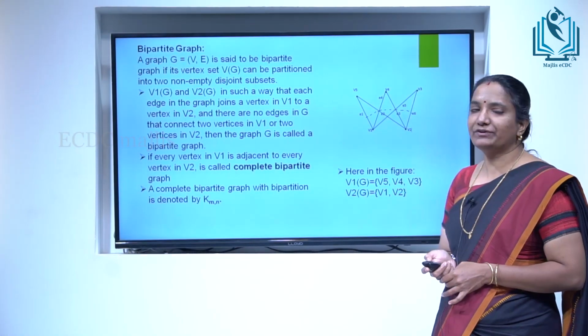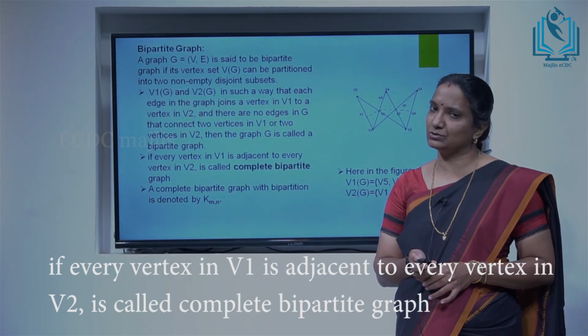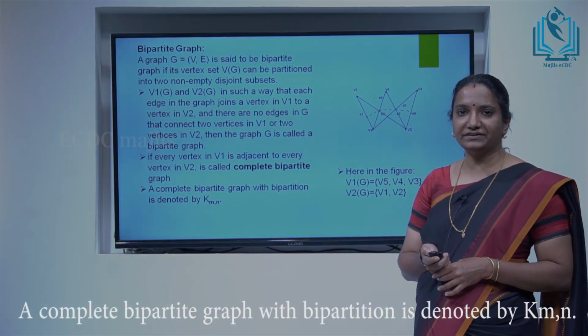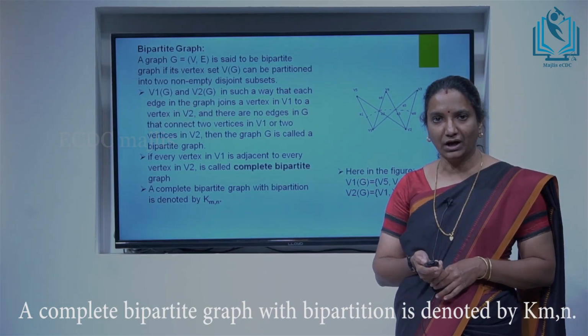Next, if every vertex in V1 is adjacent to every vertex in V2, it is called a complete bipartite graph. A complete bipartite graph with bipartition is denoted by K of m comma n.